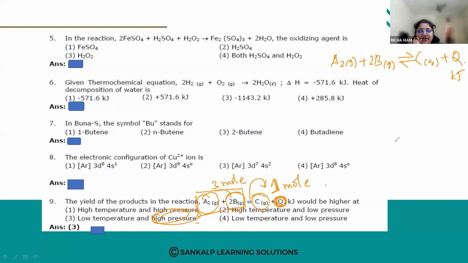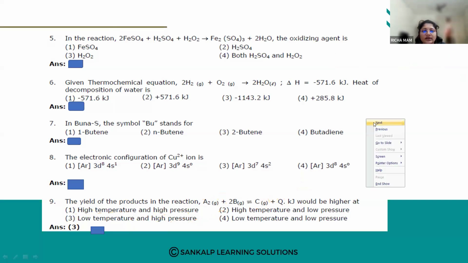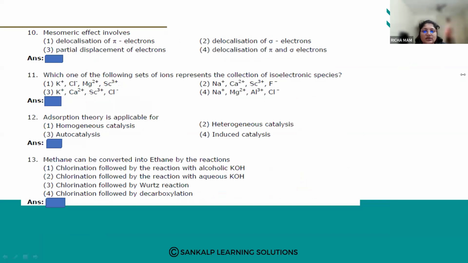Because of that, low temperature and high pressure is applied. So this is based on Le-Chatelier's principle. Answer number C is the answer. Let us go for the next one.